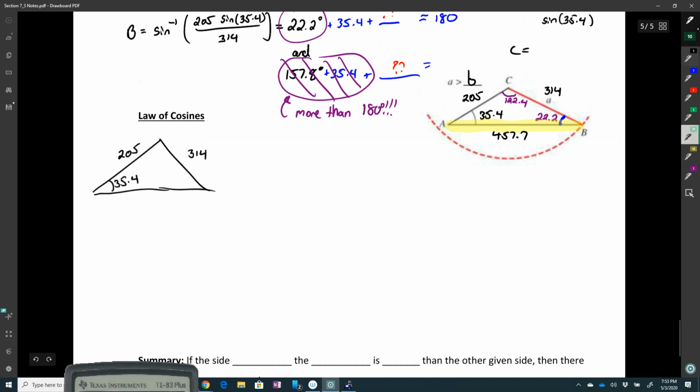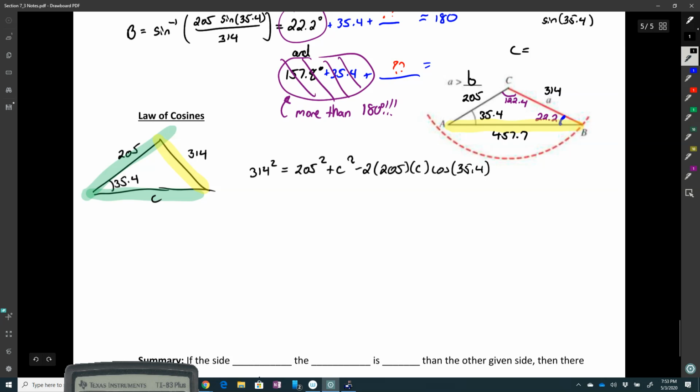So 314 squared is equal to 205 squared plus c squared minus 2 times 205 times c times cosine of 35.4. Then we end up with a quadratic.